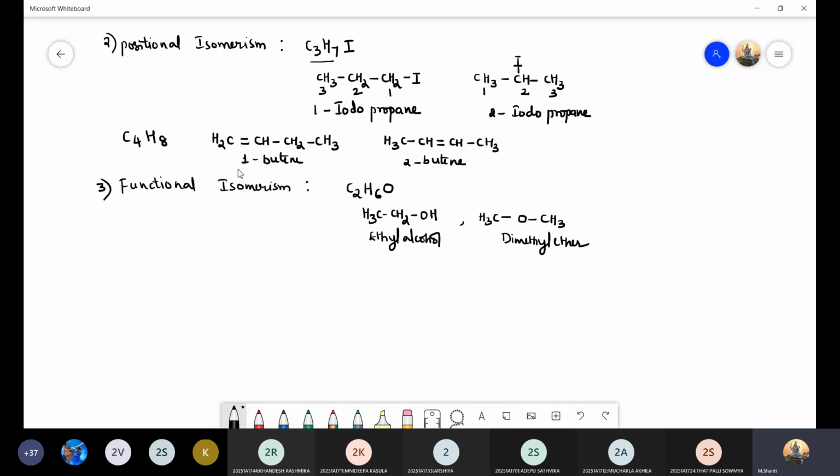Then I have another molecular formula, that is C3H6O.